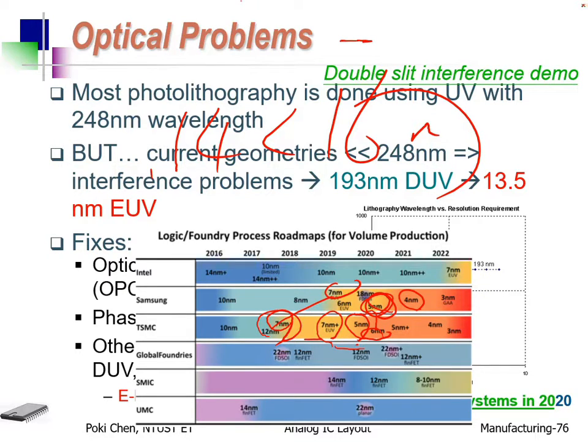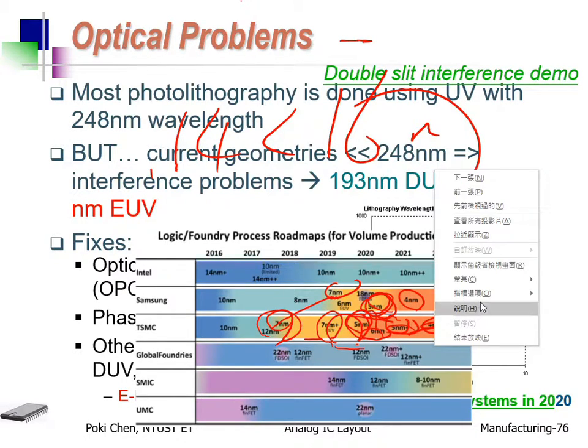So how about 5? TSMC has a 5 plus. And then 3. Okay? So they are different. From 5 to 5 plus and 4, they are of the same kind. And then 3 nanometer is different. Alright? Anyway, I told you already.